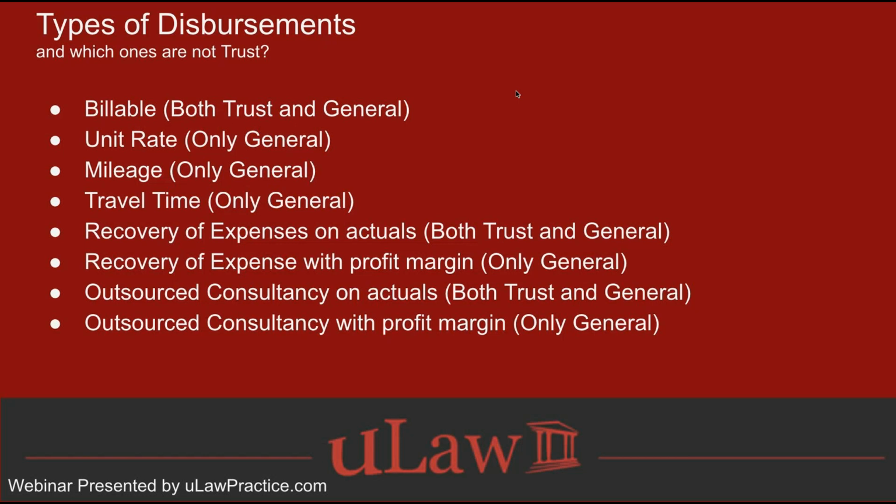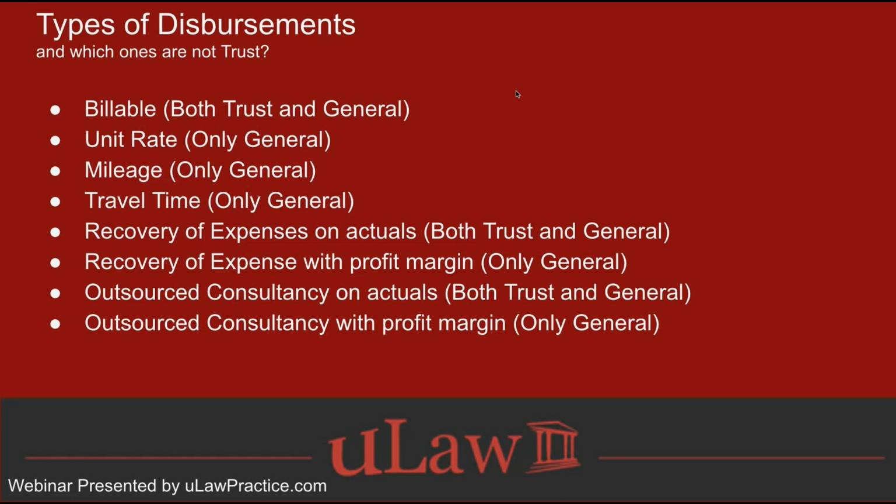So photocopies, travel, third-party consultancy with profit margin, of course, and then recovery of expense, which is court fee, etc. Whatever fee with profit margin also goes only from general. So if it is containing any profit margin or photocopies or mileage, etc., travel, only general.